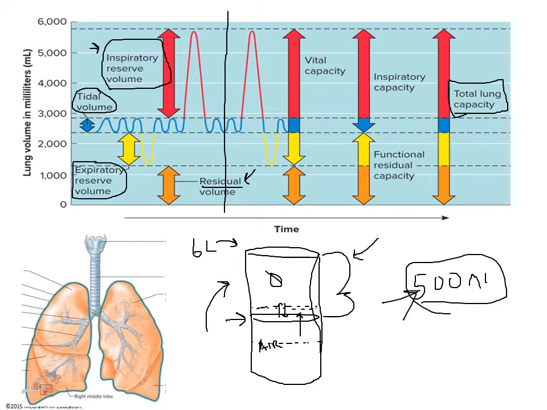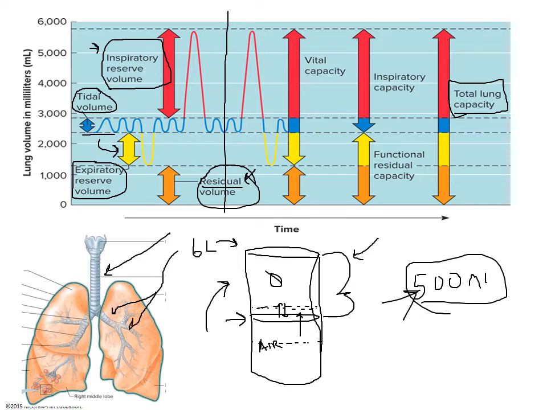Then I have this other volume called expiratory reserve, which is air that I have in my lungs at the bottom of a normal breath that I can have access to breathe out. So coughing, sneezing, or talking for a long period of time. And then the last volume is this residual volume, which I said is simply the amount of air that's left over in all of these tubes.